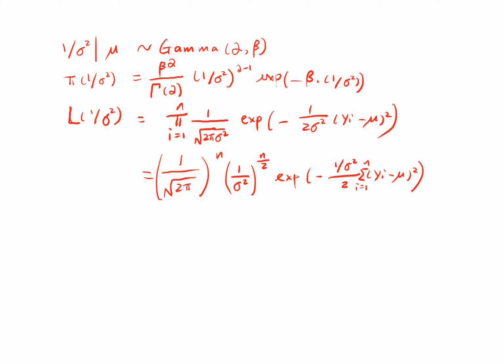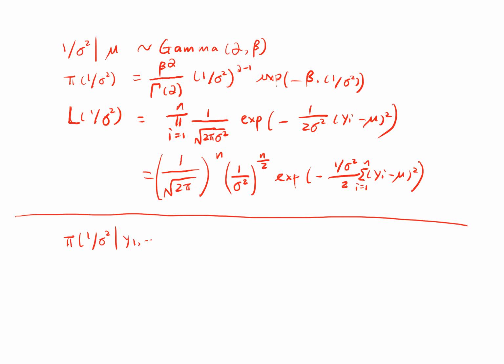The goal is to derive the posterior: pi of 1 over sigma squared given the data and mu. Mu is given, so you always write it after the conditional sign. It's proportional to the prior pi of 1 over sigma squared times the likelihood. Everything that is not about 1 over sigma squared is constant, so you can throw it into the proportional sign.